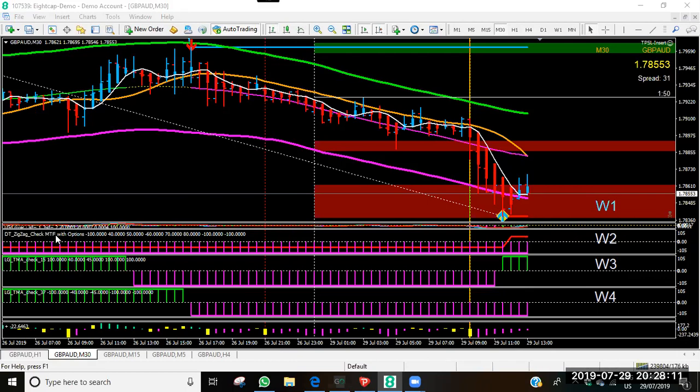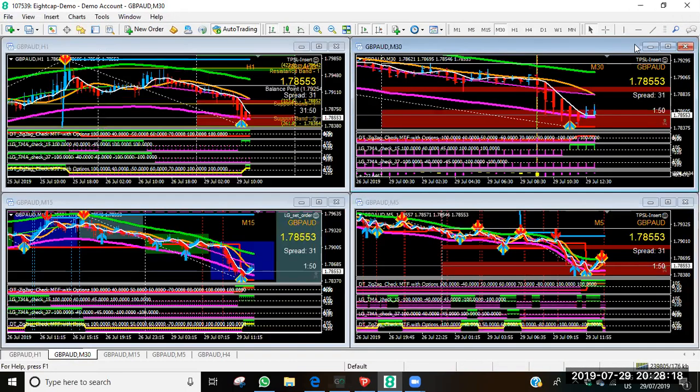A lot of times we'll have the Fibonacci's there as well to support in the trading.